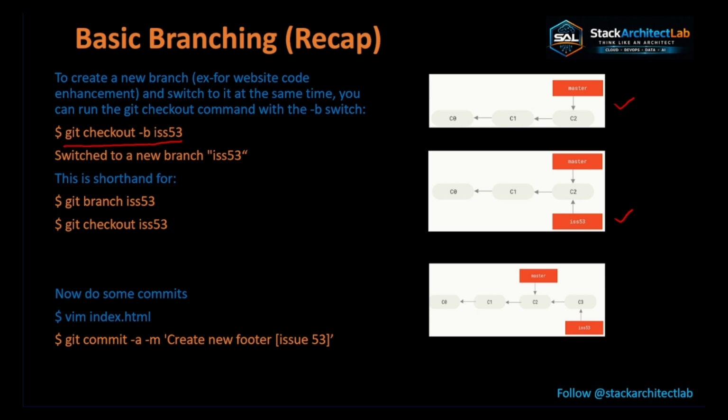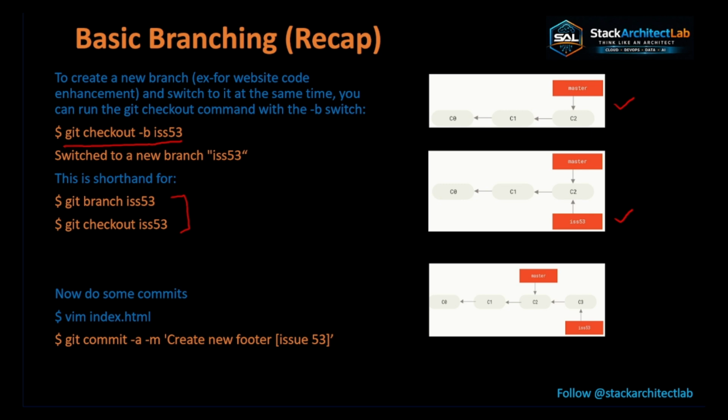Either you can use git checkout -b and the branch name, or these two commands, which are git branch and then git checkout. So both are the same. In one go, either you can do git checkout -b and the branch name, or you can say git branch name and then git checkout branch name.